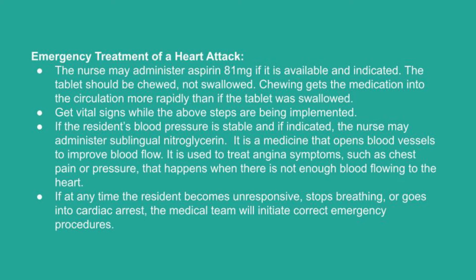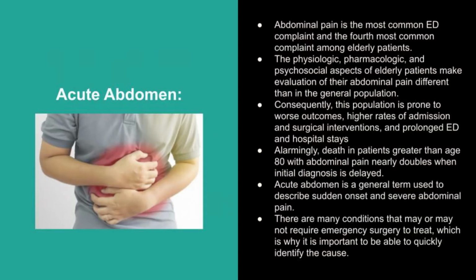And that happens when there's not enough blood flow to the heart. And at any time the resident becomes unresponsive, stops breathing, or goes into cardiac arrest, the medical team will initiate the correct emergency procedures. The next subject we're going to discuss is acute abdomen.